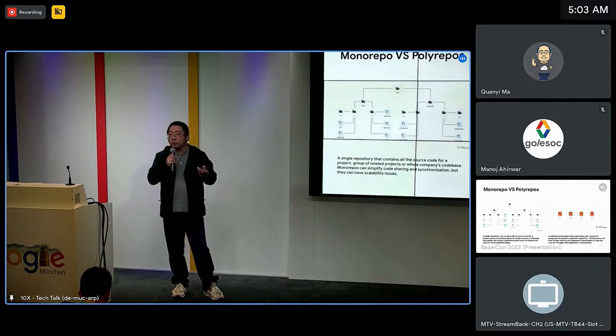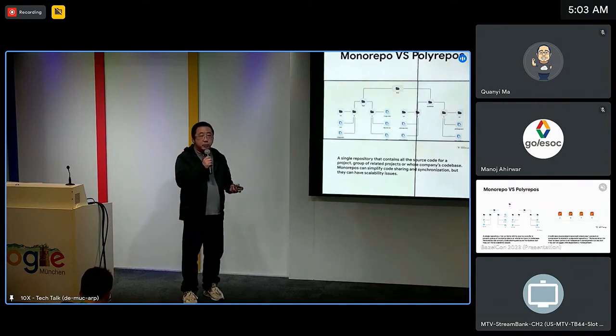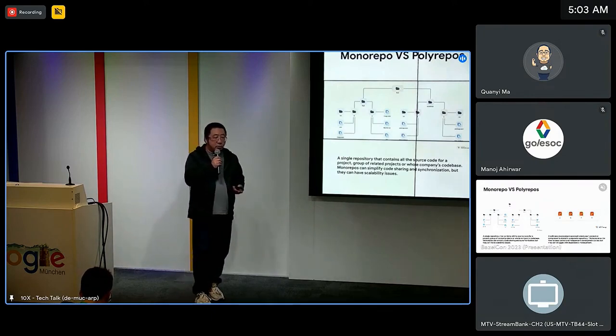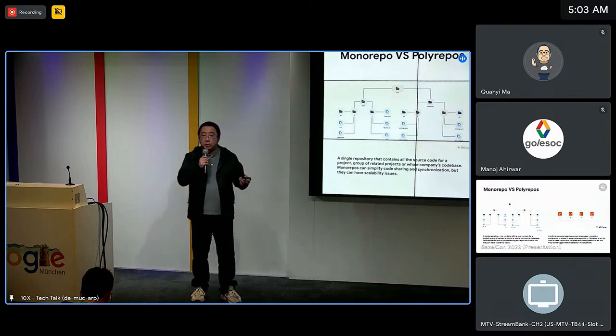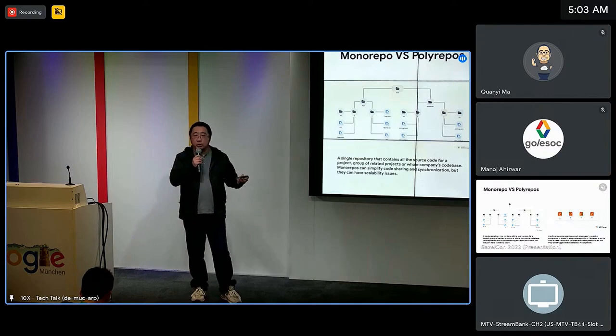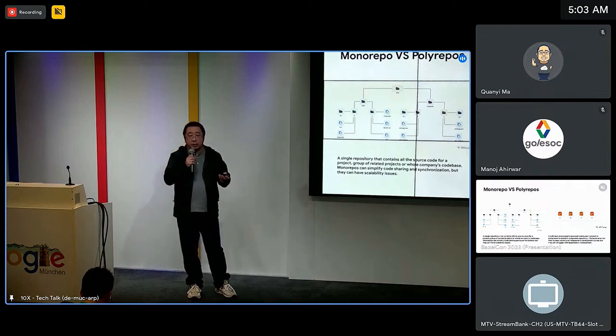There are two ways to host our code base: Monorepo and Polyrepo. Monorepo, as the name suggests, is a single repository containing all the code, or multiple related projects. Imagine an entire company's code base in one place.